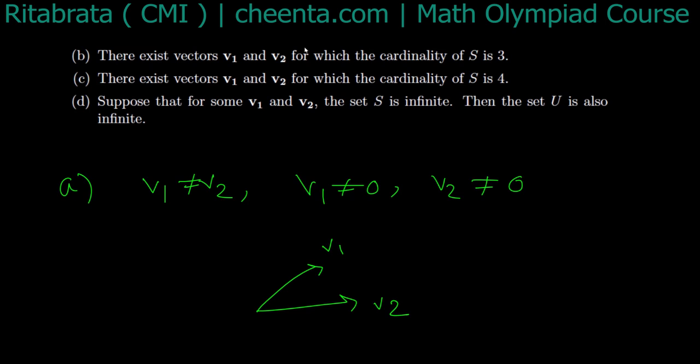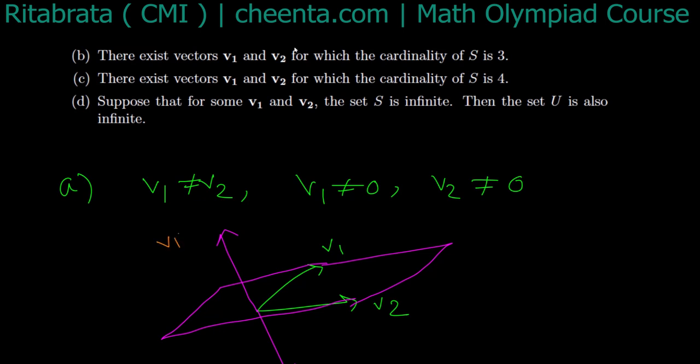The direction of v1 cross v2 is orthogonal to the plane determined by v1 and v2. So v1 and v2 determine a two-dimensional plane, and v1 cross v2 just lies orthogonal to it. It can be in this direction or in this direction.